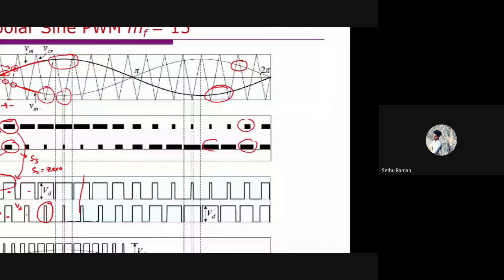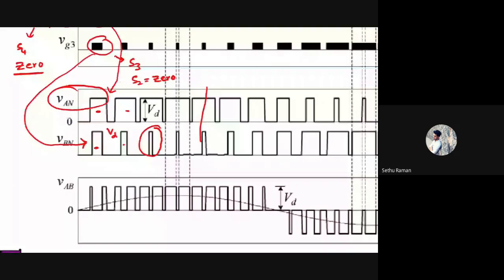So now we are subtracting these two, VAN and VBN. If you notice, it is better visualized here. This is one big pulse, right? You have this pulse, and you need to subtract this pulse from here, right? Agree? We need to subtract this VBN from VAN, right?